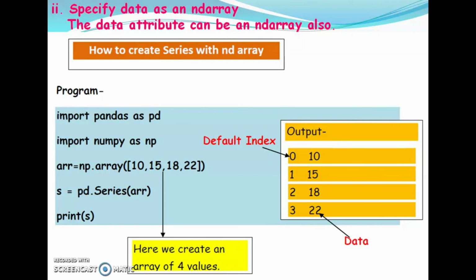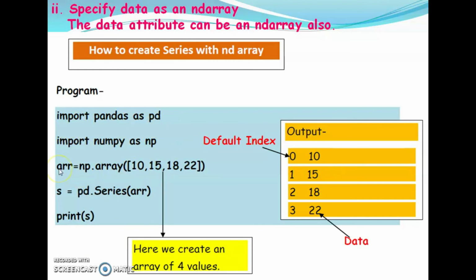The data attribute can be an ND array also. How to create a series with an ND array? N-dimensional array. Import pandas as pd, import numpy as np.